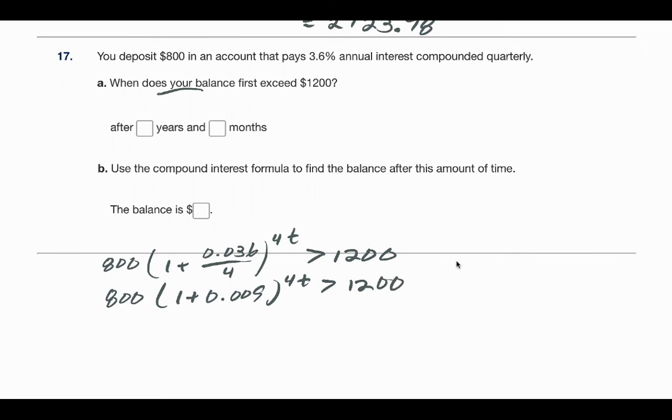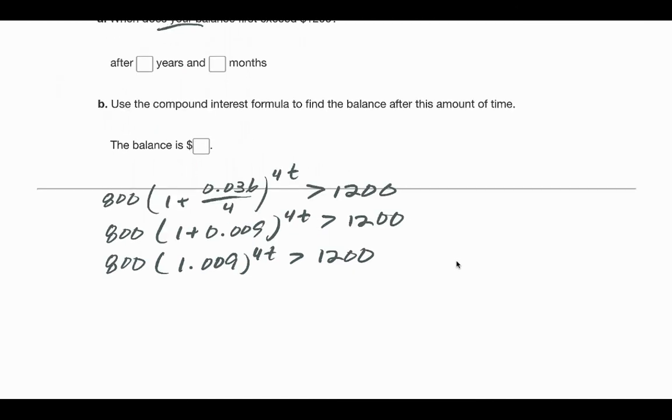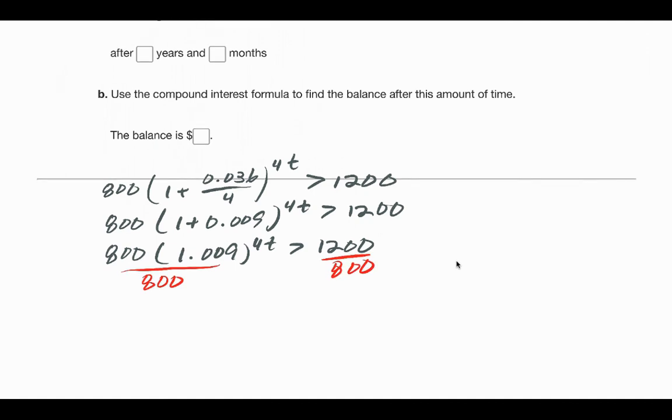So if we take this, we're going to first let's simplify it one more time. So that becomes 1.009 raised to the 4t is greater than $1,200. All right. So first thing you're going to do to simplify this is you're going to divide both sides by 800. All right.